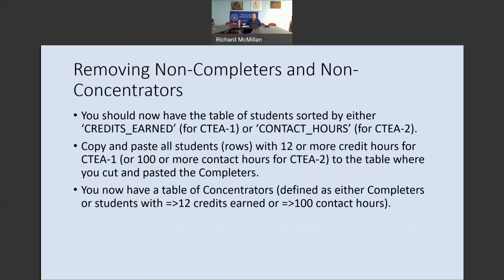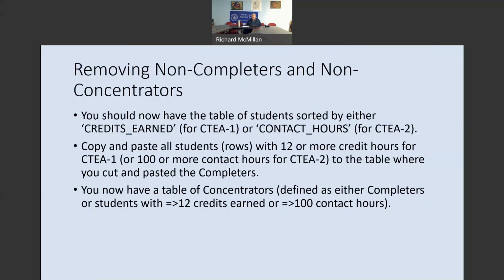Copy and paste all students, which are in rows, with 12 or more credit hours for CTEA 1 or 100 or more contact hours for CTEA 2 to the table or tab where you cut and pasted the completers in the last step.